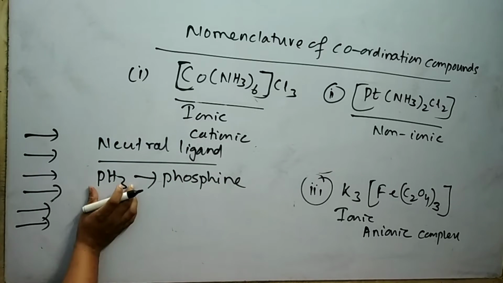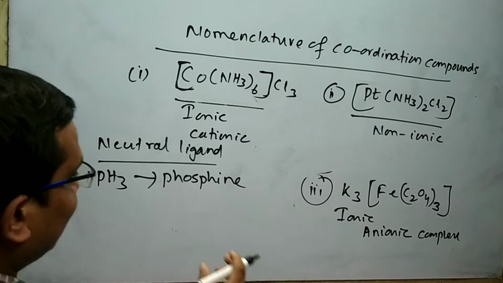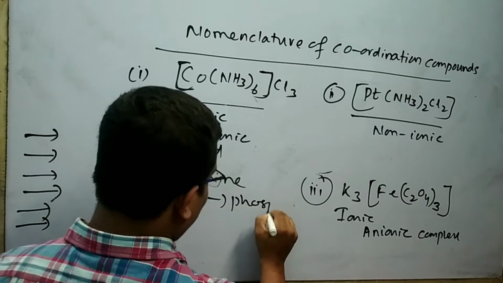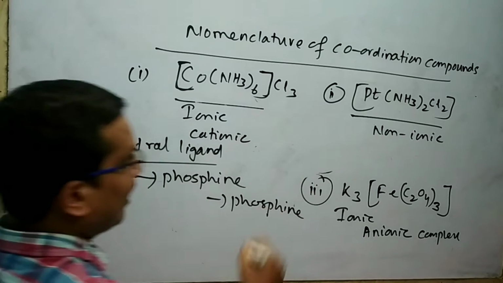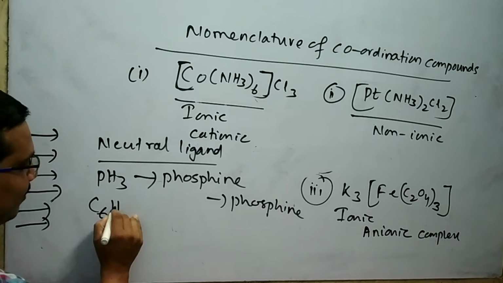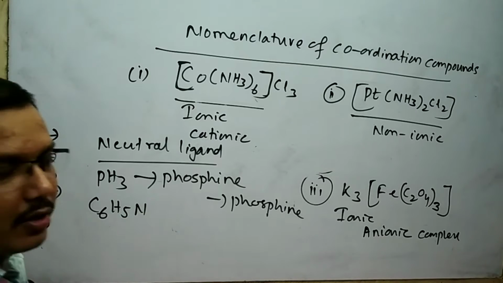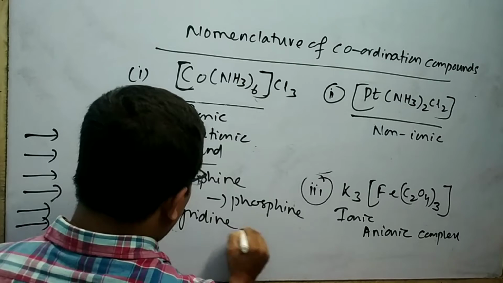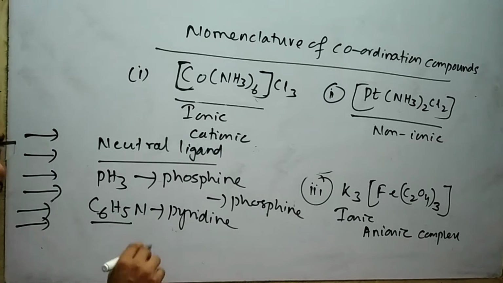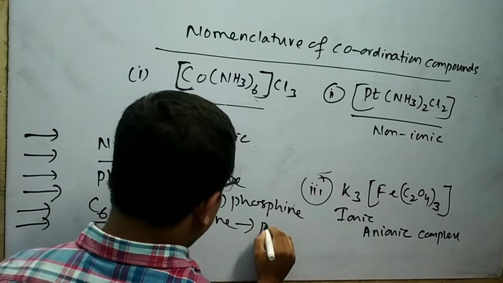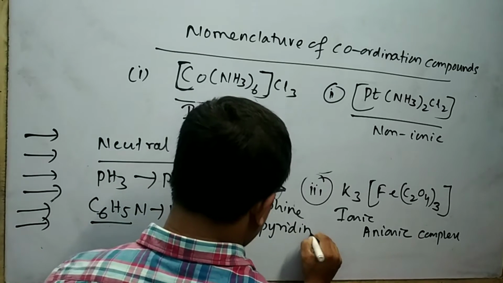If PH3 is used as a ligand, then I can also write phosphine in the name of the coordination compound. Similarly, C5H5N is said to be pyridine. If I use this as a ligand, then I can also write pyridine.